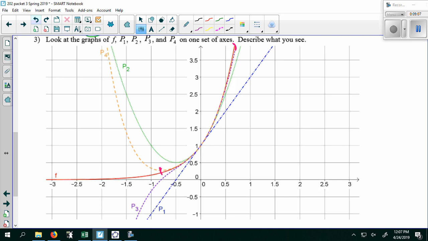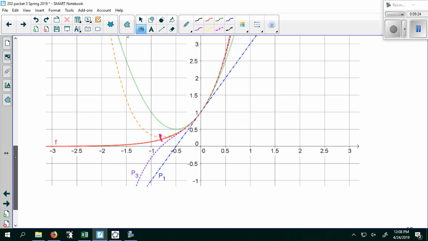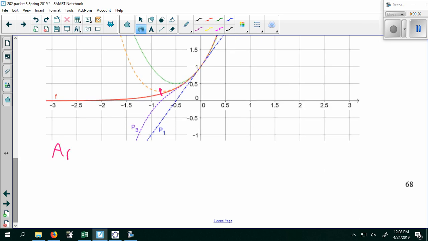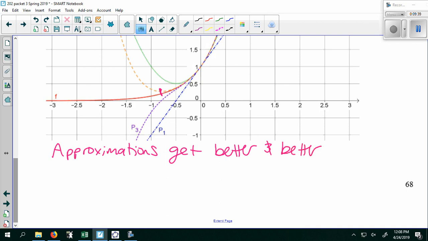The red and the orange are practically on top of each other. So that orange function, when you're between, say, negative 0.75 and 0.75, is a really good impersonator of e to the 2x. So these approximations get better and better. They agree over larger intervals.